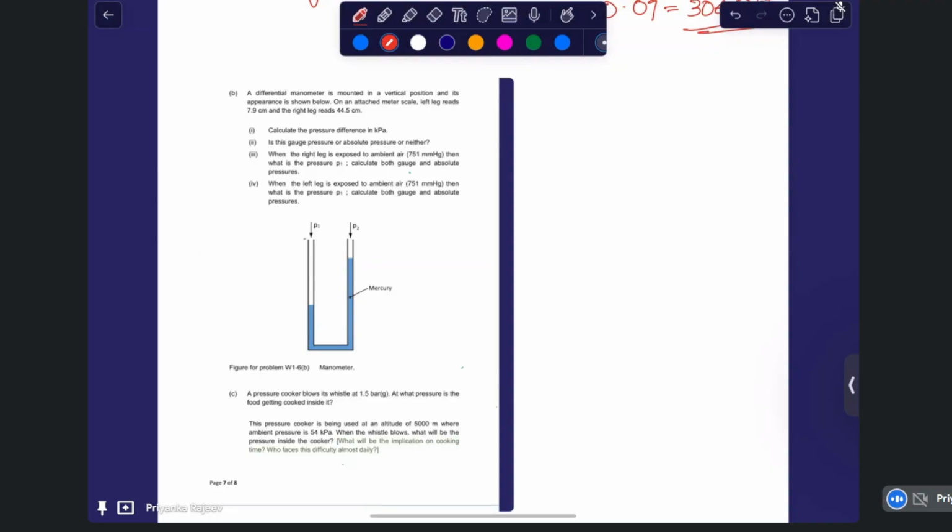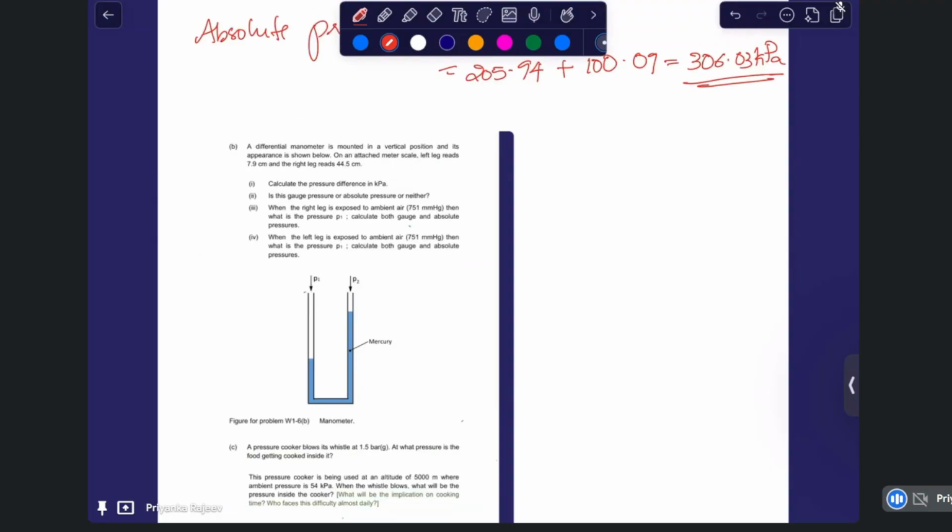Okay. So first question is what? So this right here reads 7.9 centimeter and this is 44.5 centimeter. So we know the hydrostatic pressure is rho GH, and here if you want to find the difference between P1 and P2, I'll take this as H1, this is H2, so P1 is rho GH1 minus P2 is rho GH2.